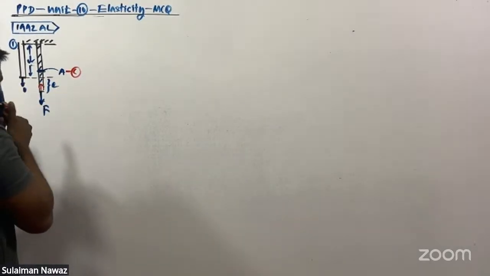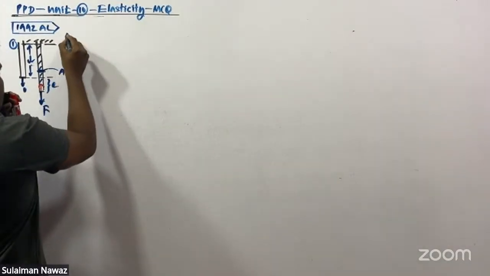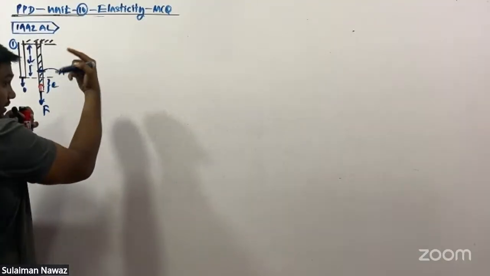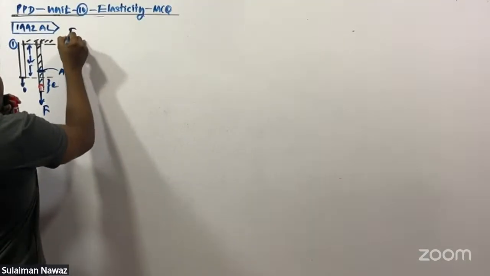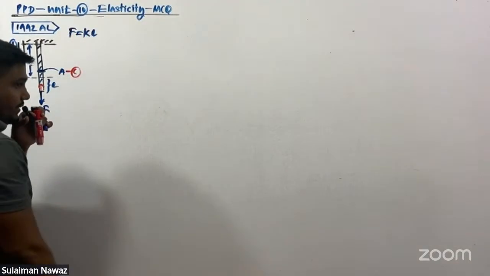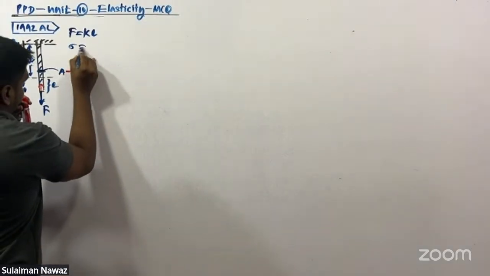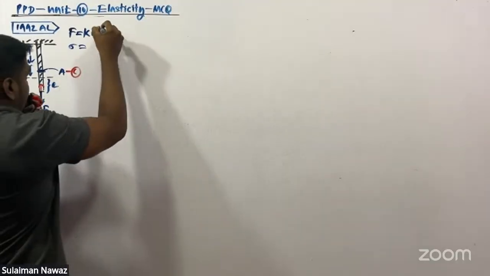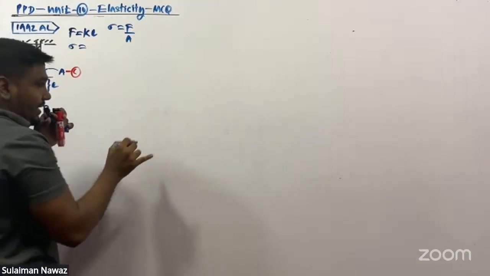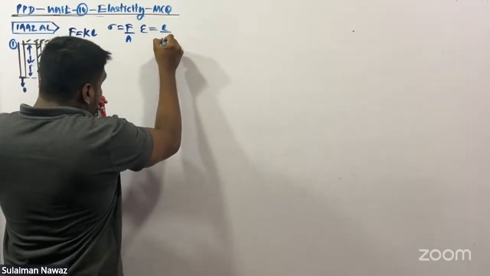What are the equations that we learned? Hooke's law, within the proportional limit we can apply Hooke's law. Hooke's law means F equals force constant into extension. That is one equation. The next equation: stress is force over area, and strain is change in length over the initial natural length.